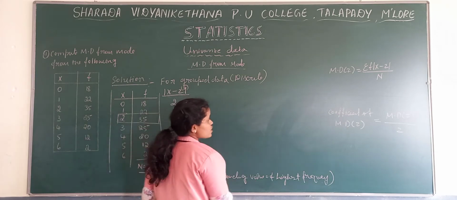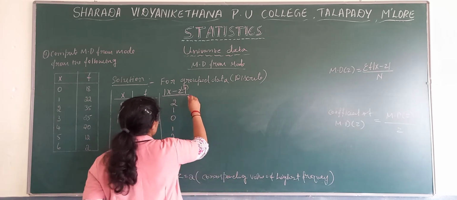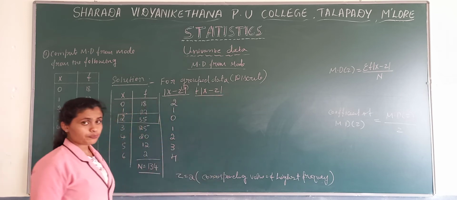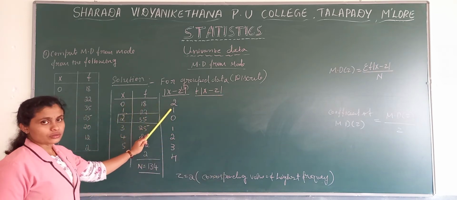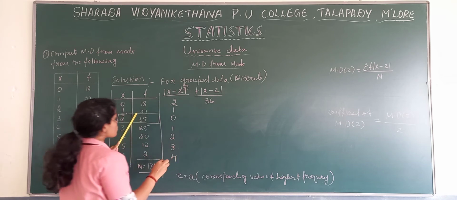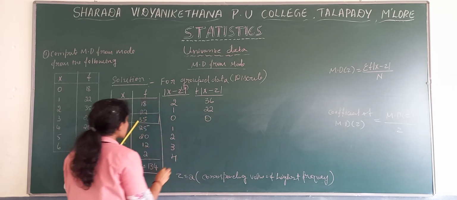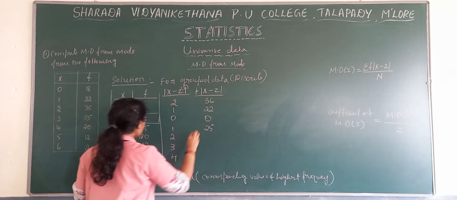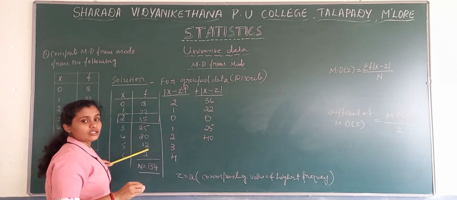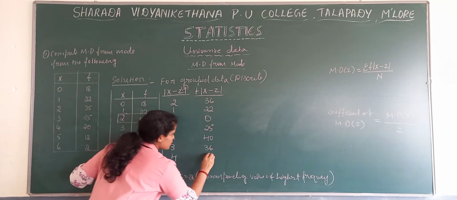Next, one more column. We got modulus x minus z. Next, f into modulus x minus z. So frequency into modulus x minus z: 18 into 2, 36, 22 into 1, 22, 35 into 0, so 0, 25 into 1, 25, 20 into 2, then we get 40, 12 into 3, that is 36, and 2 into 4, that is 8.